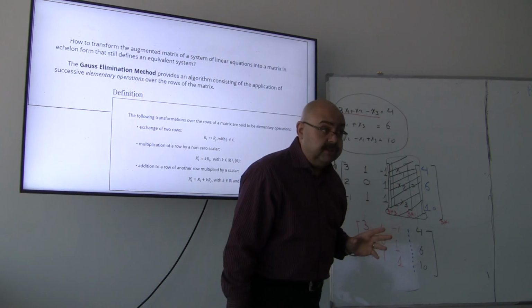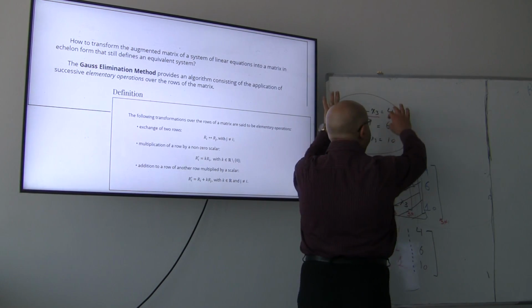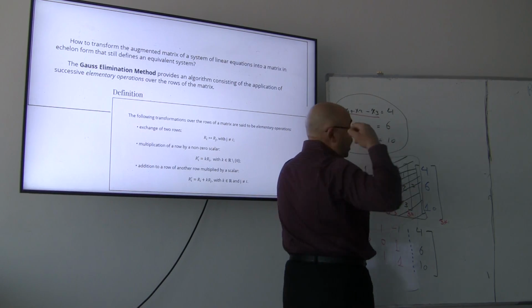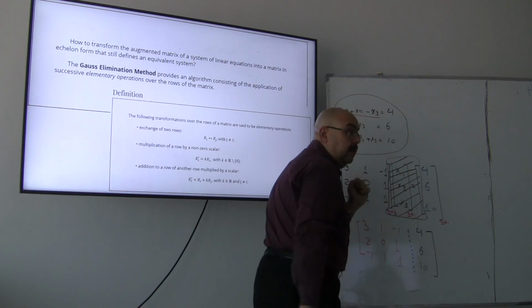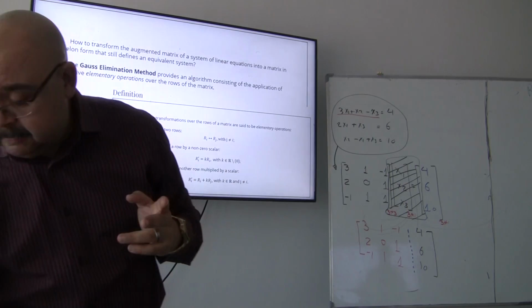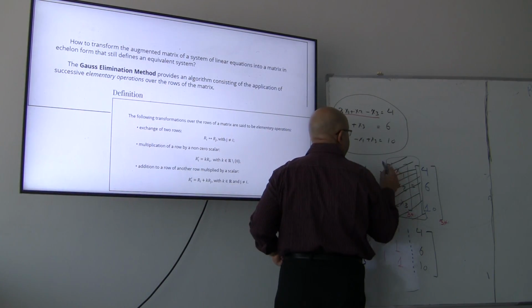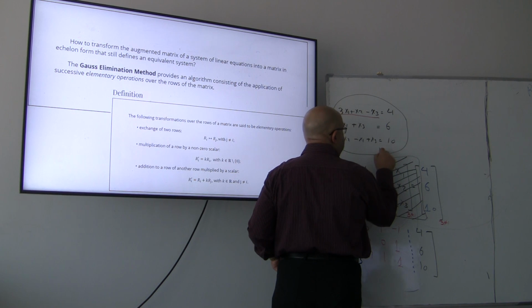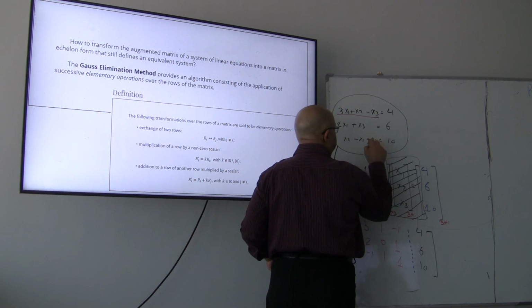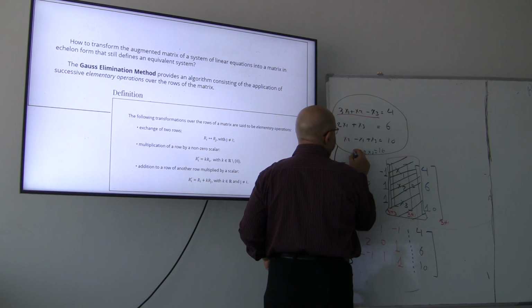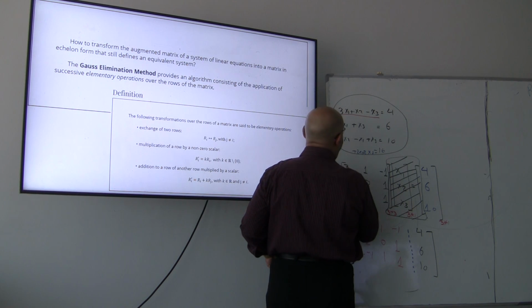Is it going to make a difference if I took this equation in my mind and added it to this one? If I did that, a new equation would come, which is simply 16 equal to 2x3 plus 2x1 minus x1, and I will have x2.